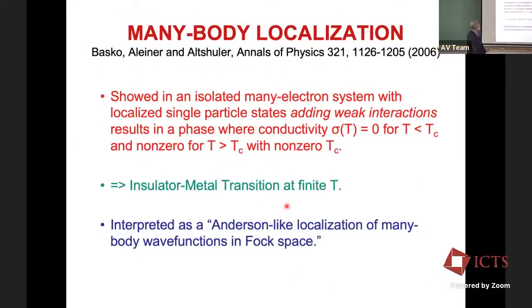On the other hand, the real question was, how do you characterize many-body eigenstates and localization of many-body eigenstates? And there the crucial advance was made by Basko, Aleiner, and Altshuler in a paper that is very long.